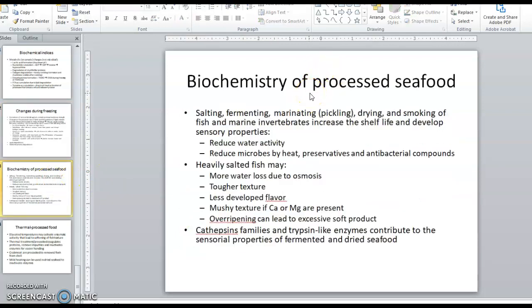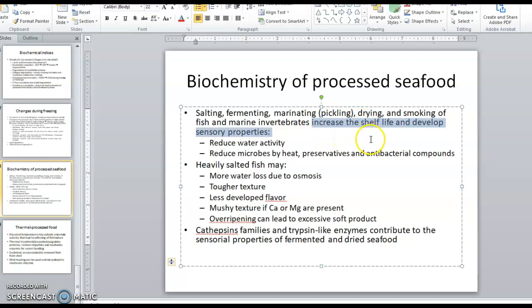Okay, so usually the seafood, because the shelf life is very short, we try to process them into something else. Okay, for example, the process involved can be salting, means that we add salt. Second is fermenting. Okay, we can marinate them, drying, or smoking, so that we can increase the shelf life and develop sensorial properties.